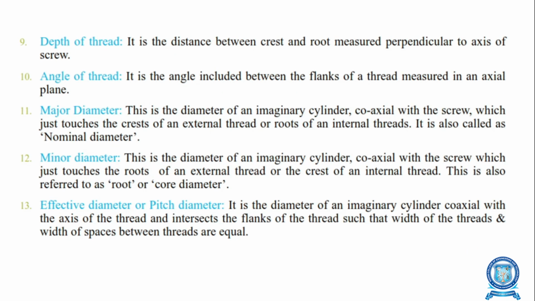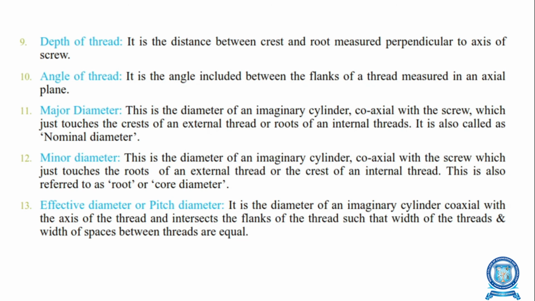Next in screw thread terminology are the major diameter, minor diameter, and effective diameter or pitch diameter. What is meant by major diameter? This is the diameter of an imaginary cylinder coaxial with a screw which just touches the crest of an external thread or roots of an internal thread.